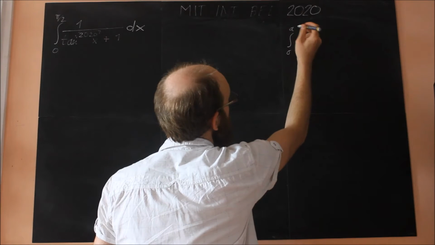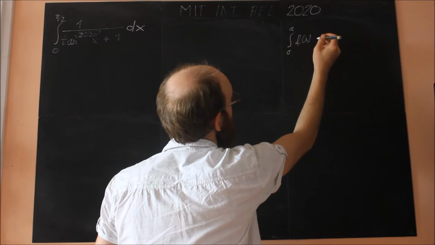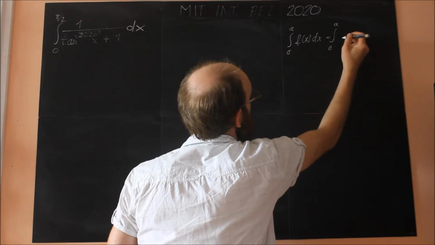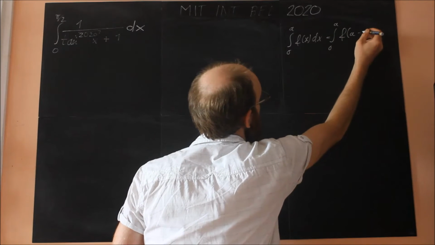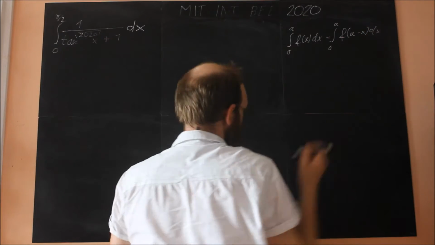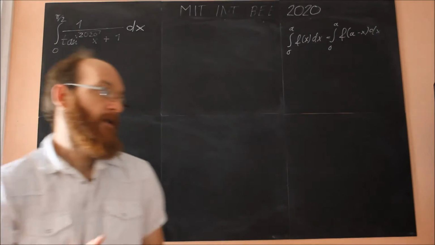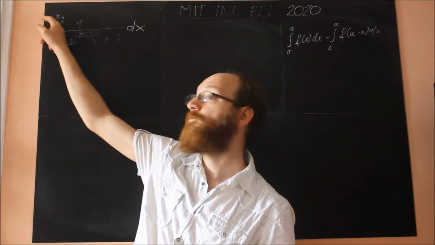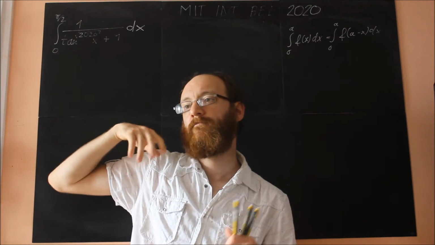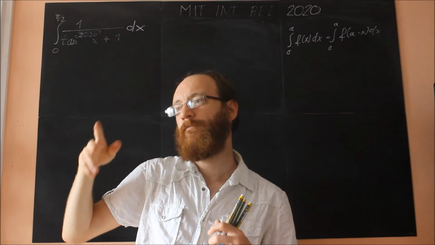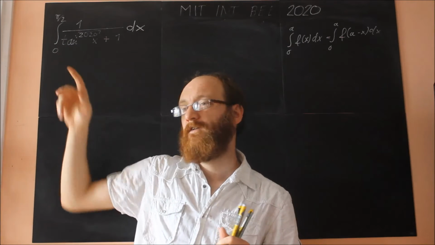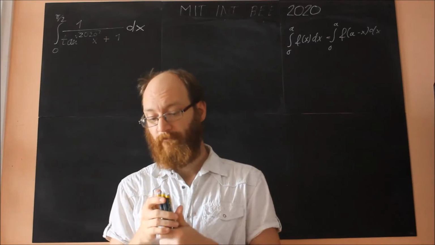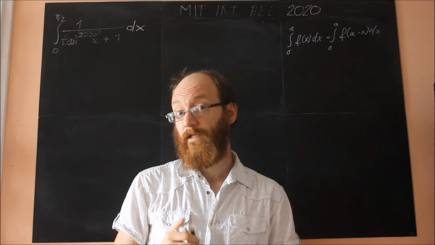If we have the integral from 0 to a of f of x dx, then it's the same to integrate f of a minus x in the same boundaries. Yeah, and we will see why this helps. This is because of this pi over 2, and then we can use some symmetry properties and some shifting properties from the tangent, obviously, and then see what we get.